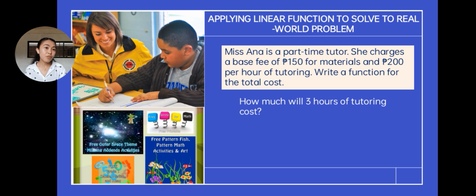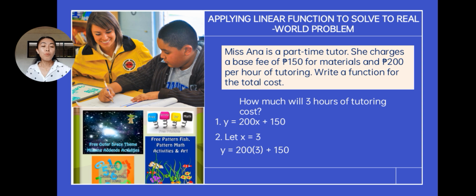Just like for example, if you are asked how much will 3 hours of tutoring cost, first, you have to write your linear function. So our original linear function is y is equal to 200x plus 150. Our next step to answer that question is, we let x is equal to 3.